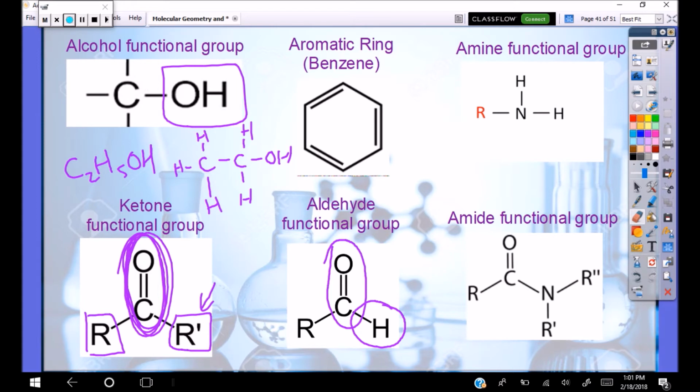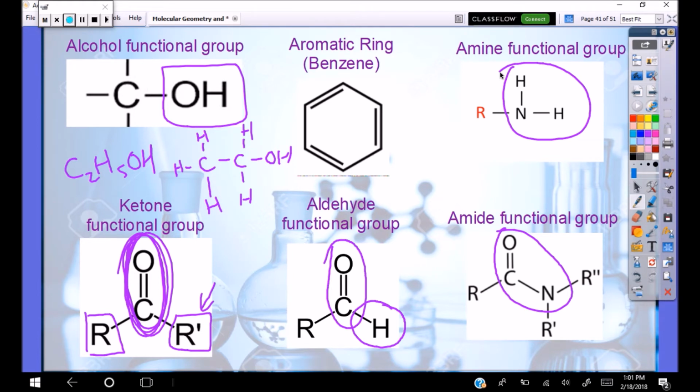We don't need to know the different types of amines or amides. There are secondary and tertiary amides and amines, but we will discuss those at a later point in time. For now, if you see this part of a group, it's an amide. If you just see the N by itself with some H's on it, it would be an amine.